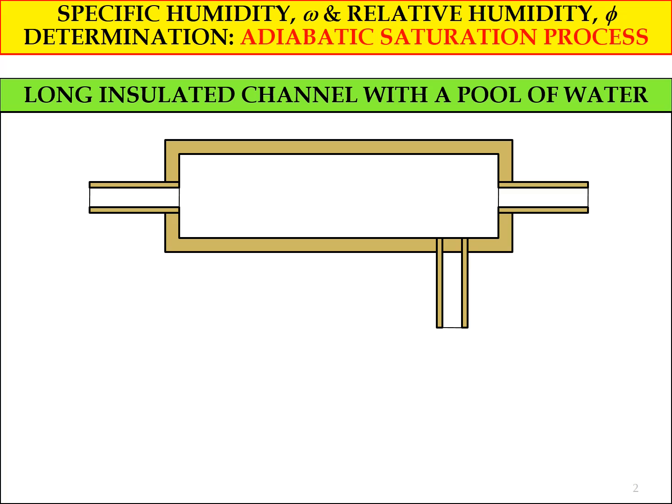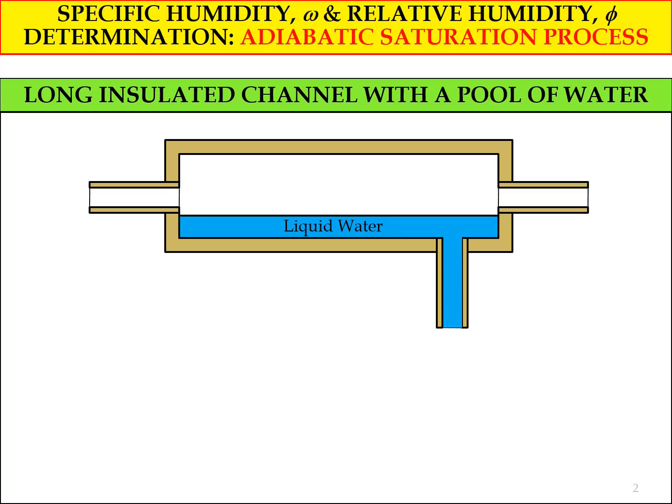This is the simplified adiabatic saturation process device, where we have a long insulated channel. We need to make sure that this device is long enough so that the outlet condition will be at saturated air condition.